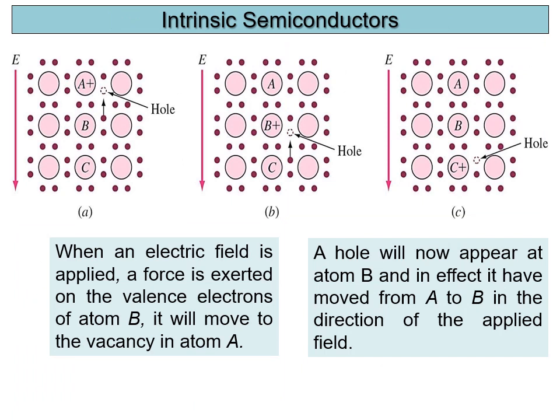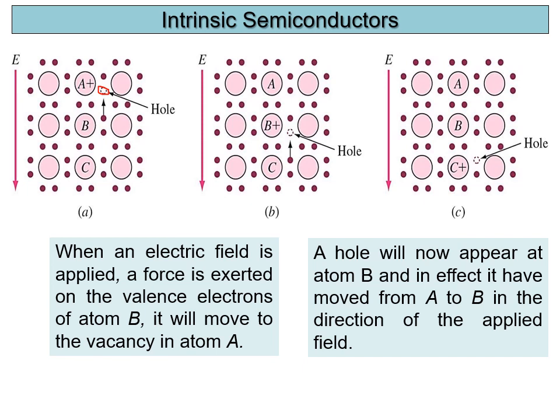When an electric field is applied, a force is exerted on the valence electrons of atom B. It will move to the vacancy in atom A. So once the electron jumps into the conduction band, we have a hole in here, a hole in here.